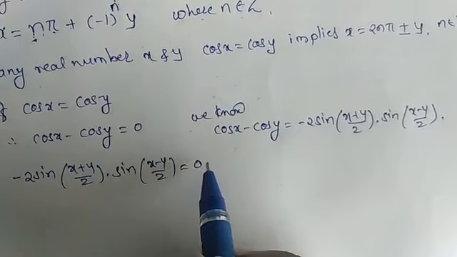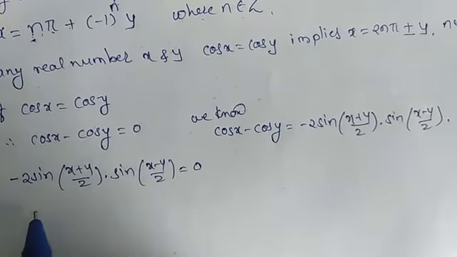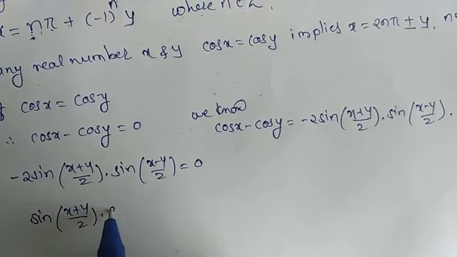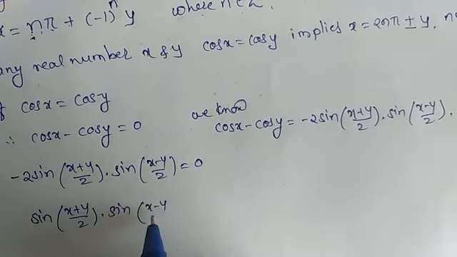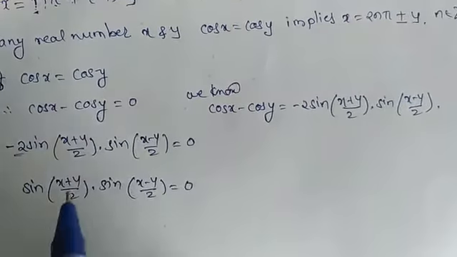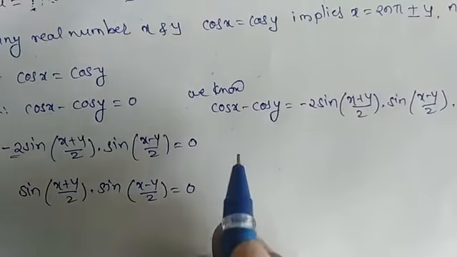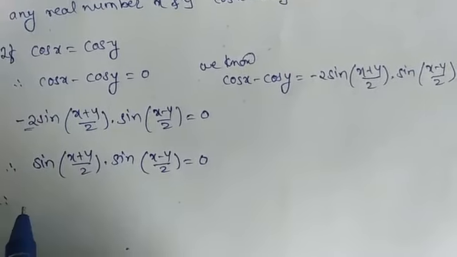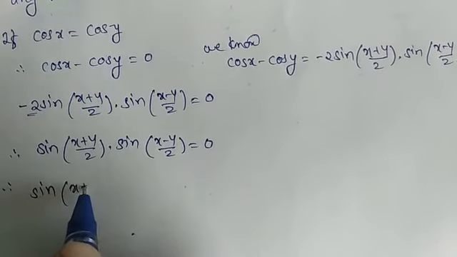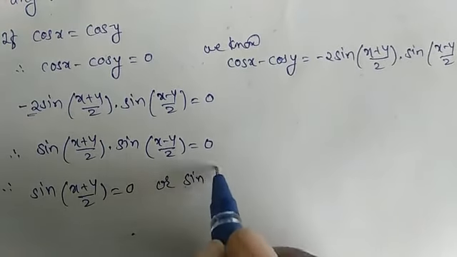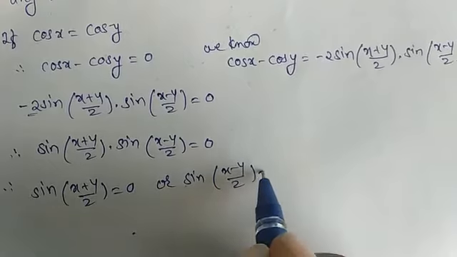As our right side is 0, it will be considered as only sine of (x plus y) upon 2 into sine of (x minus y) upon 2 equal to 0, because minus 2 on the right will become 0; 0 upon minus 2 is 0. So from this we can write sine of (x plus y) upon 2 is equal to 0, or sine of (x minus y) upon 2 equal to 0.